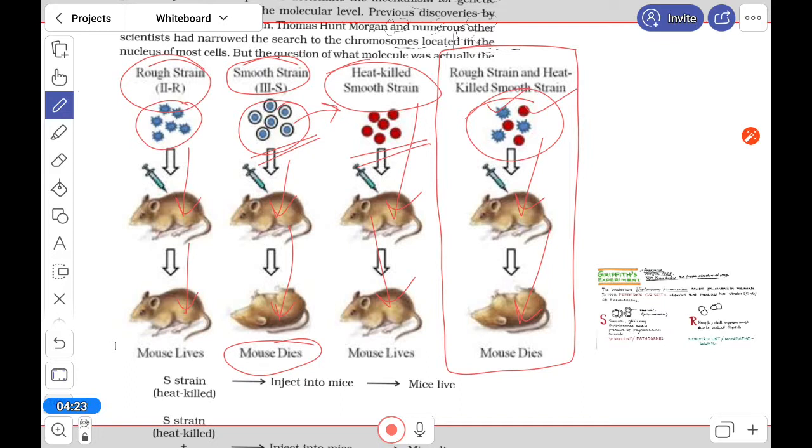How is it possible? Just see here, this one can survive and that one also survives, but when both are mixed, that rat will die. What is the cause of it? For that we have to understand bacterial transformation.